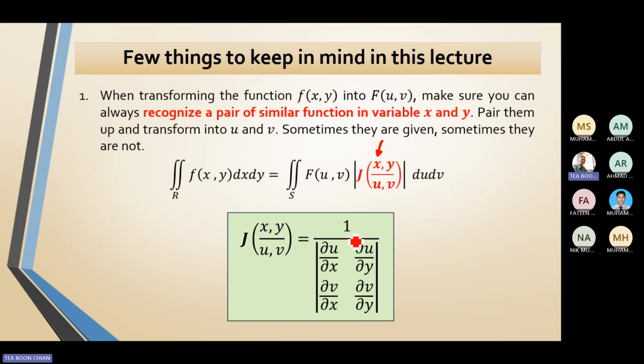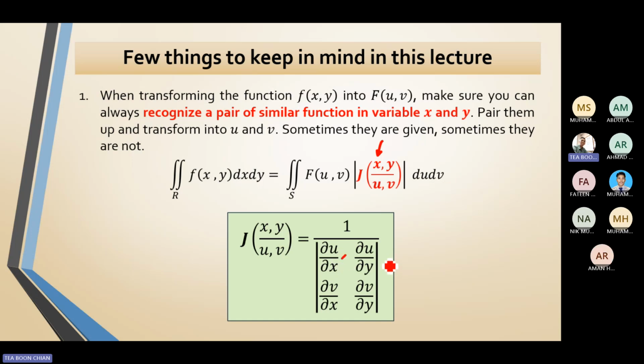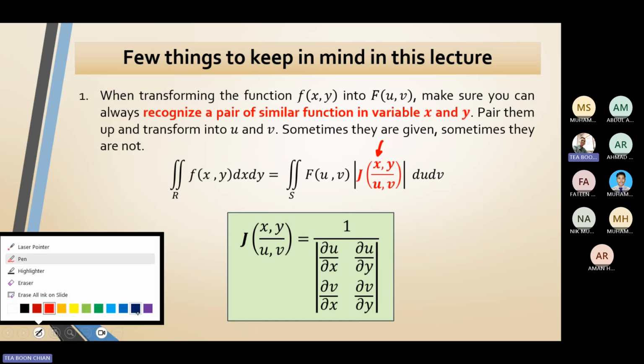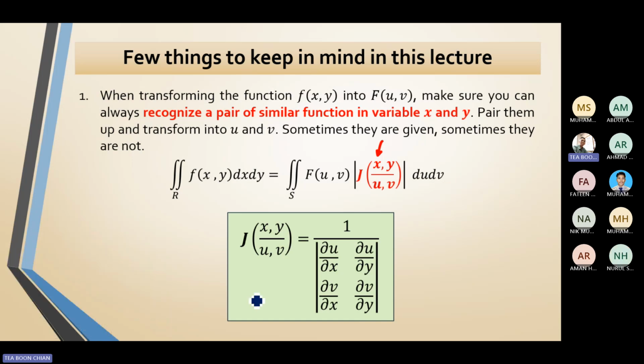Under this case, we always use the technique 1 over the determinant of the partial derivative of U with respect to X, partial derivative of U with respect to Y, next the partial derivative of V with respect to X, and then with respect to Y. So in the end, you just need to keep track that the Jacobian is computed by multiplying.